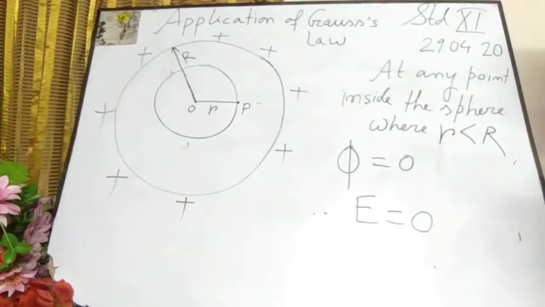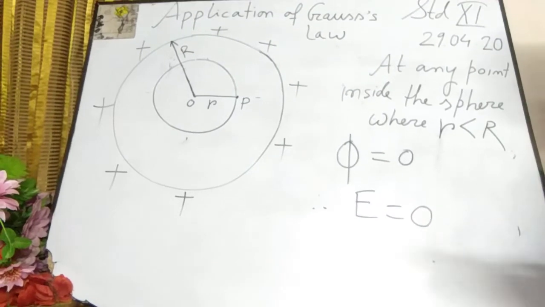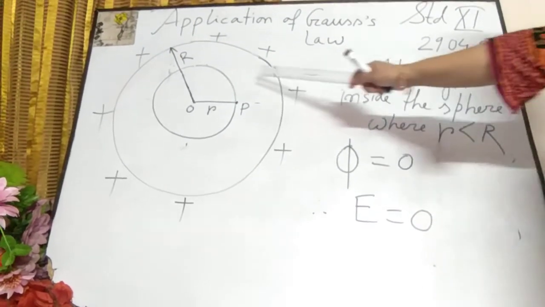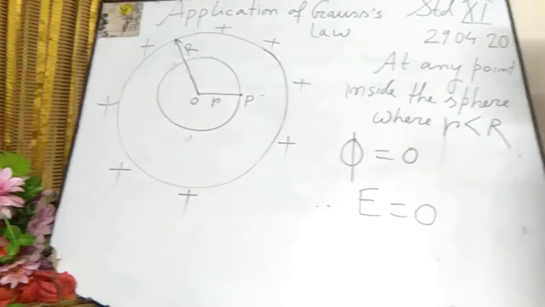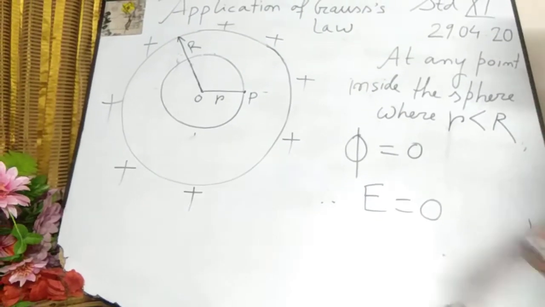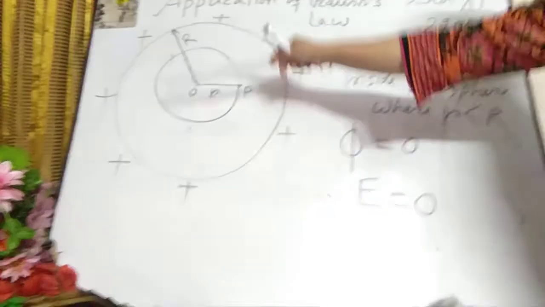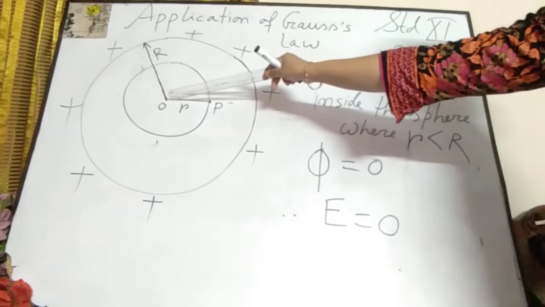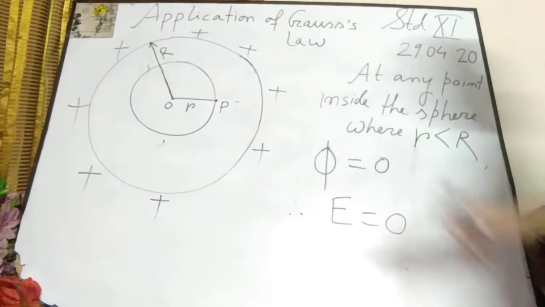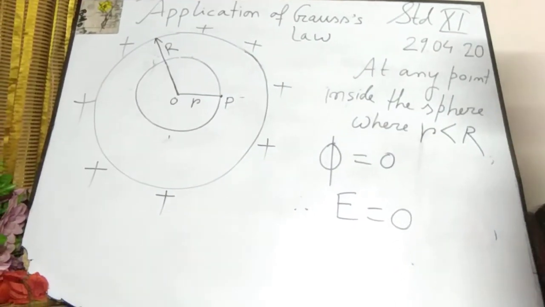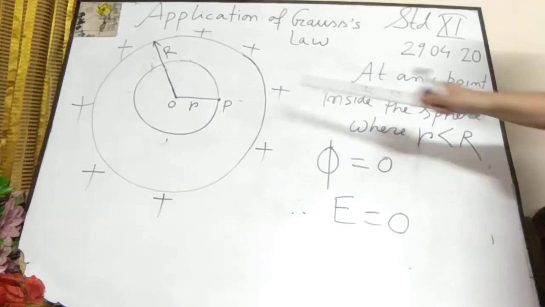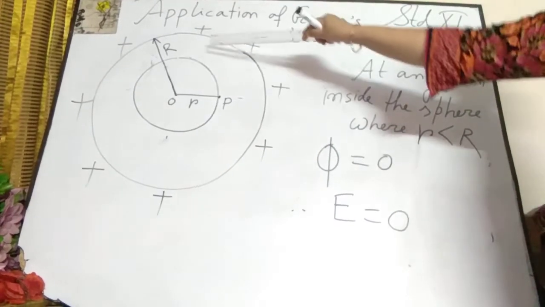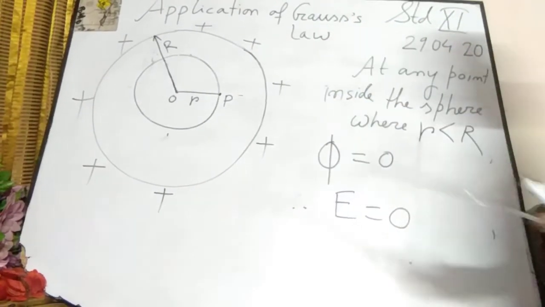So I need a Gaussian surface. Again I have drawn a Gaussian surface centering O and taking radius small r. You can see this Gaussian surface is inside the hollow sphere.